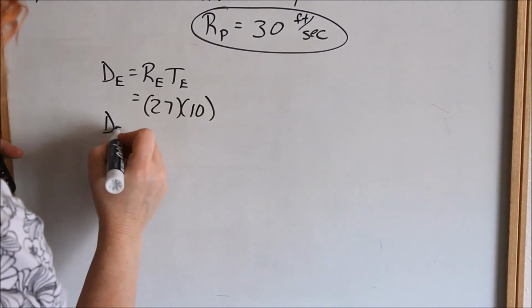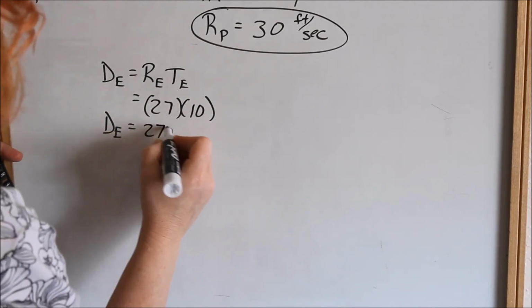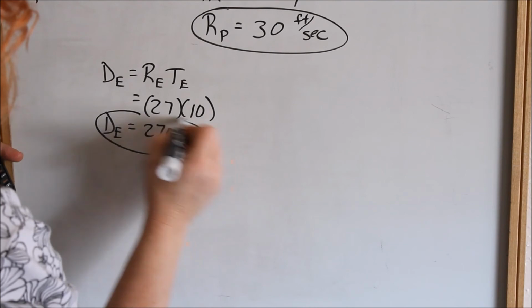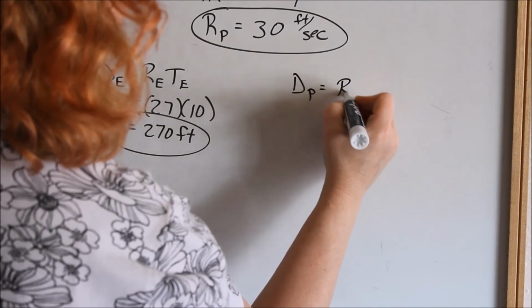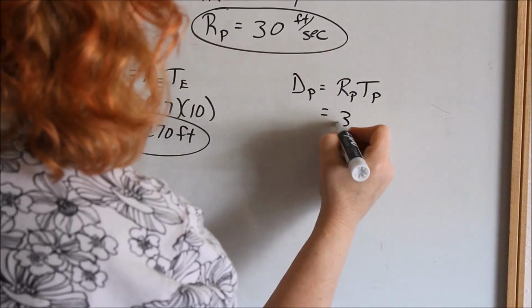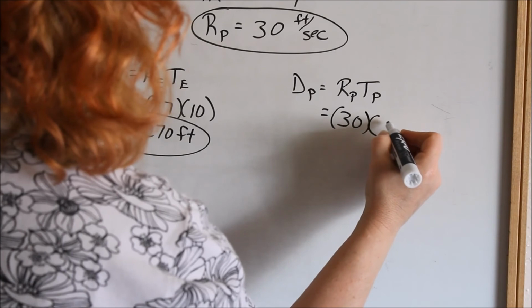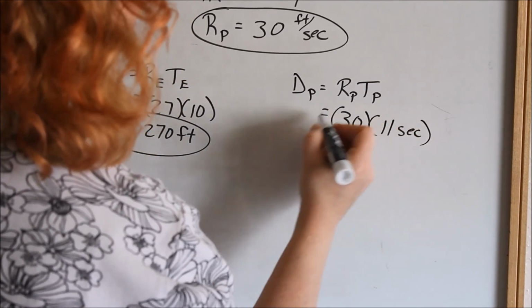And so his distance, when you multiply rate times time, you're going to get a distance, which is feet, 270 feet. That's Emmett's distance. So then we can find Princess's distance. That's her rate times time. We just solved for her rate, which was 30 feet per second. And then her time was 11 seconds. Told that in the problem.